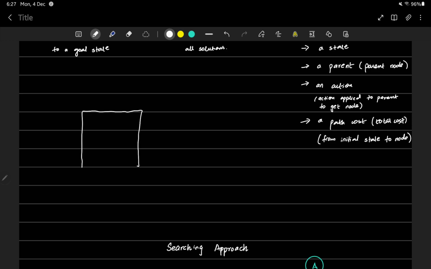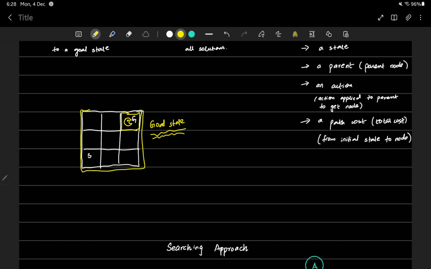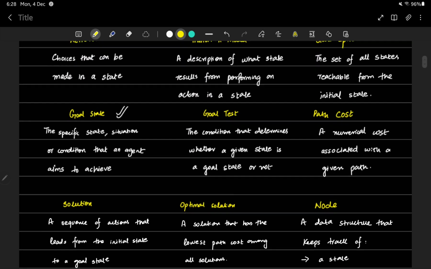Let's say, taking our previous example, this was the starting point and this was the goal point, right? So if my agent reaches this goal point, then this is my goal state. That's it. Simple. This is super simple, right? This is the goal state of this grid world, right? So pretty simple, right?